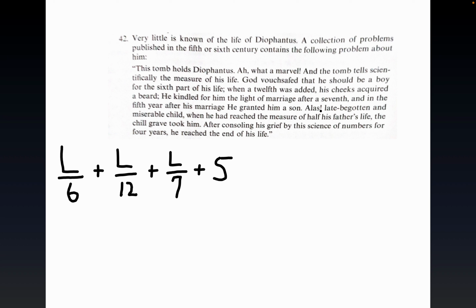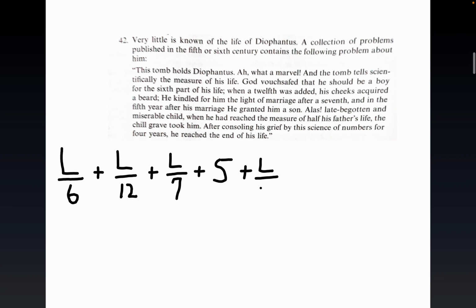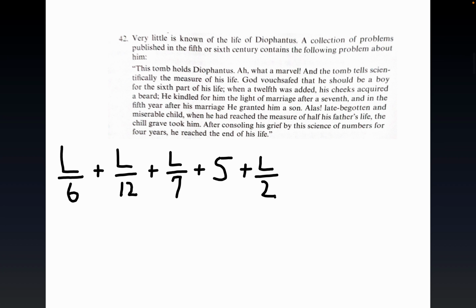Now the child passed away after he had reached a measure of half of his father's life. Okay, so don't we have to add plus L over 2 here? I think that's half of Dad's life. Okay. Now what else?